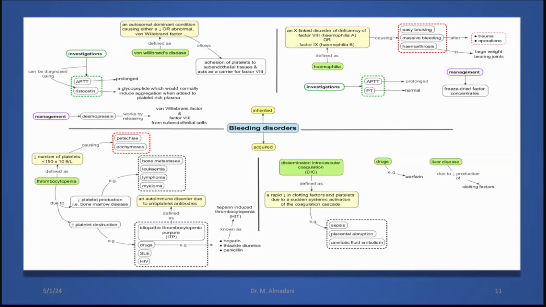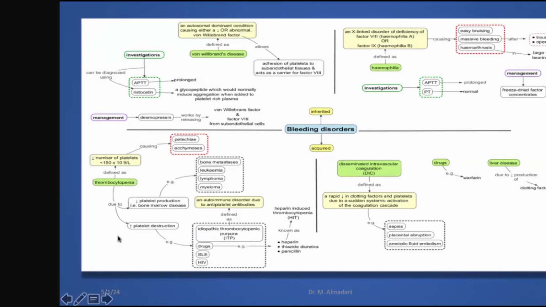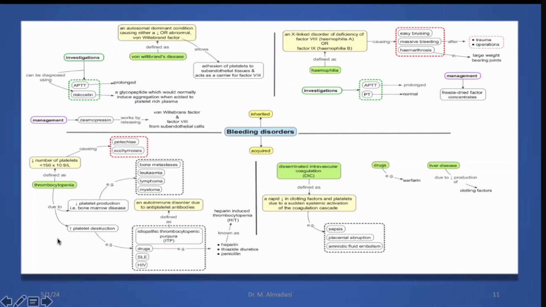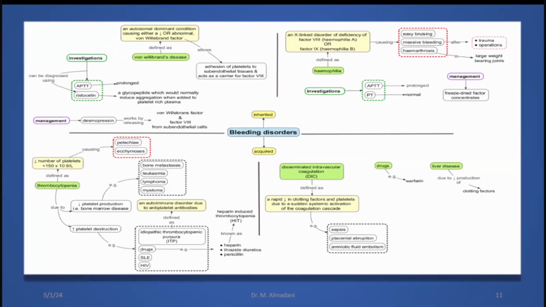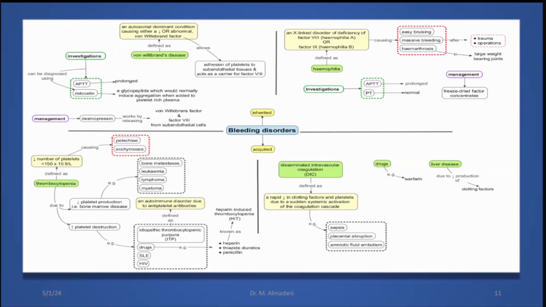Once the platelets number goes down, there are many causes for that, about the production from the early beginning in the synthesis, or sometimes it has been produced but peripherally gets degraded, peripherally gets destroyed.